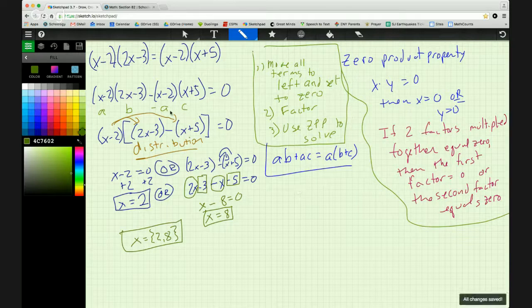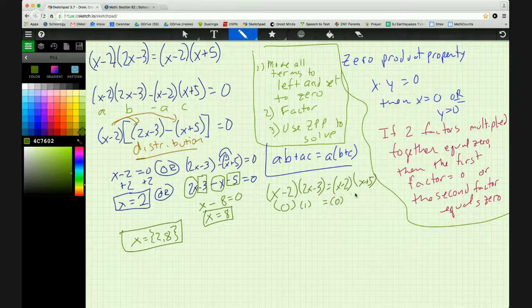And now let's check. If we check, we're going to say (x minus 2) times (2x minus 3) equals (x minus 2) times (x plus 5). If we put a 2 in here, we get 2 times 2 minus 3, we get 1, equals 2 minus 2 is 0, and then 2 plus 5 is 7, and we get 0 equals 0.